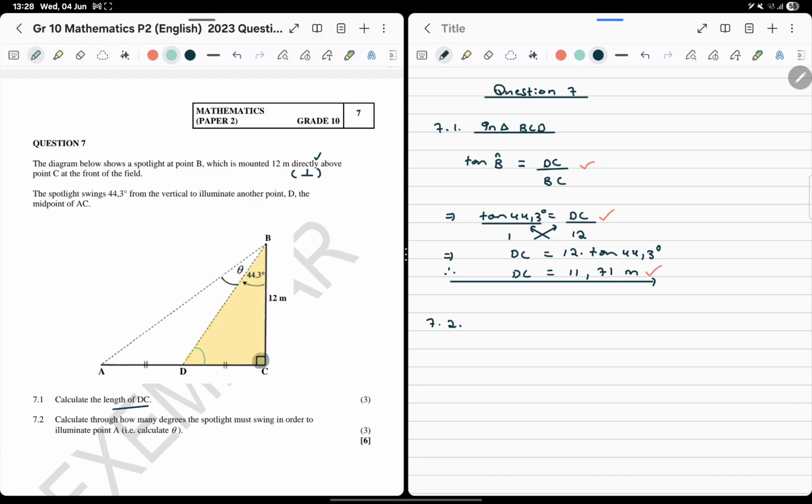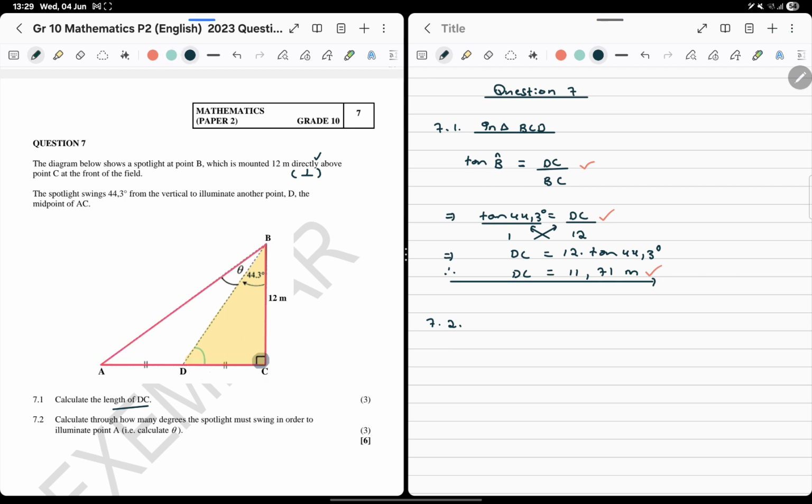7.2 says calculate through how many degrees the spotlight must swing in order to illuminate point A. So basically this says we need to calculate the value of theta. So this is easy again, although this one is a bit tricky in that we have a situation where we need to look at the bigger triangle.